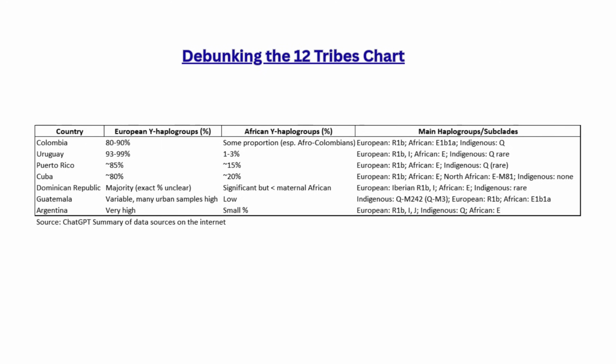This chart is basically a summary that was compiled using ChatGPT, which is just very convenient when you're looking at sourcing data points, because I like it over Google because ChatGPT will generally pull all available sources, whereas if you just do a Google search, you'll find individual pieces of research, and you have to click on it, and maybe you'll choose the one that comes up first or second.